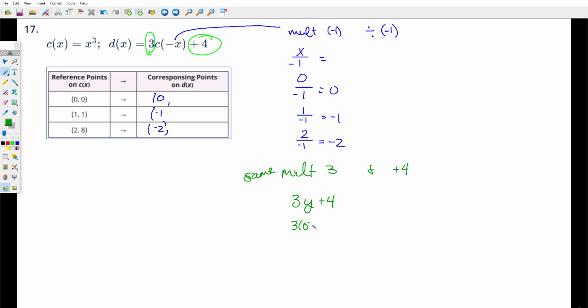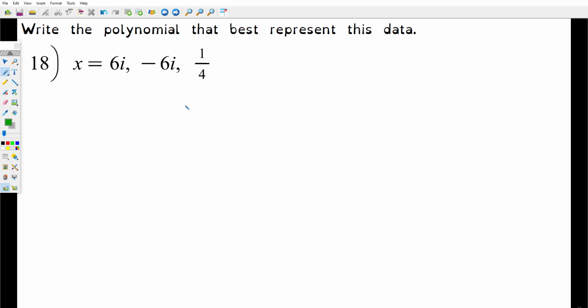So 3 times 0 plus 4 is 4. 3 times 1 plus 4 is 7. 3 times 8 plus 4 gives me 28. Those are my 3 ordered pairs.